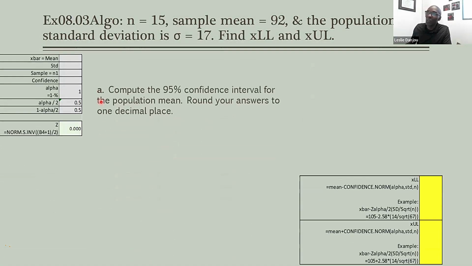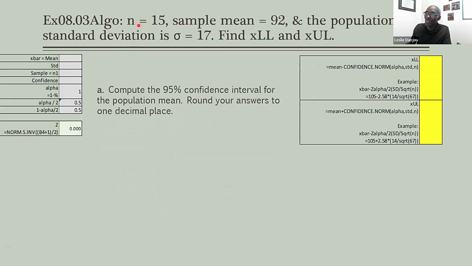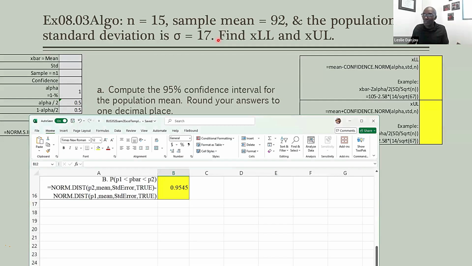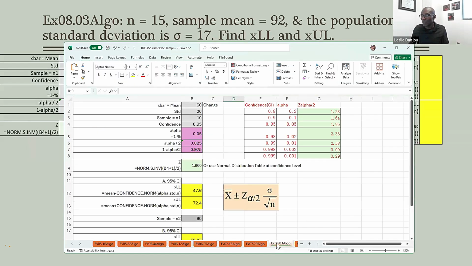All right, we're going to have a sample size of 15, a mean value of 92, and a standard deviation of this. So let's go to 8.03. All right, so I'm going to plug in my mean, 92, my standard deviation, 17, my sample size, 15, my confidence level is 95%.